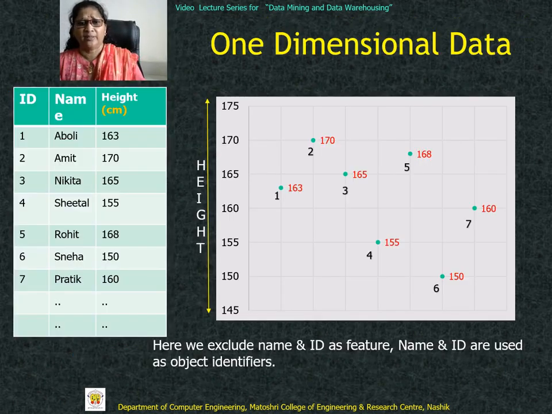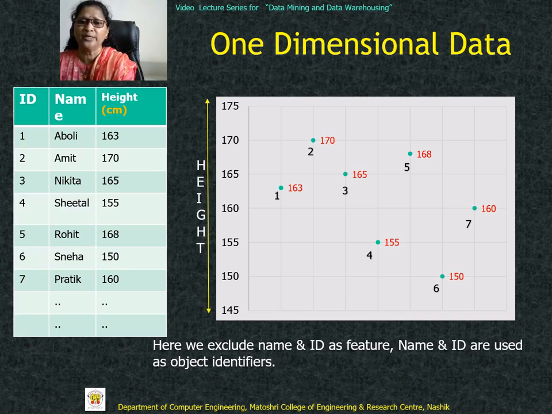For our understanding, this is one-dimensional data. If we exclude ID and name, because they are object identifiers, and look at only height, while plotting also I have used only height. There, one represents the ID and 163 is the height. Height is given in centimeters.